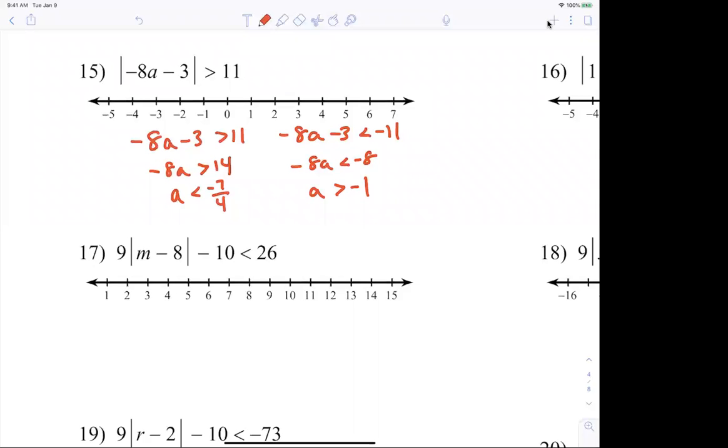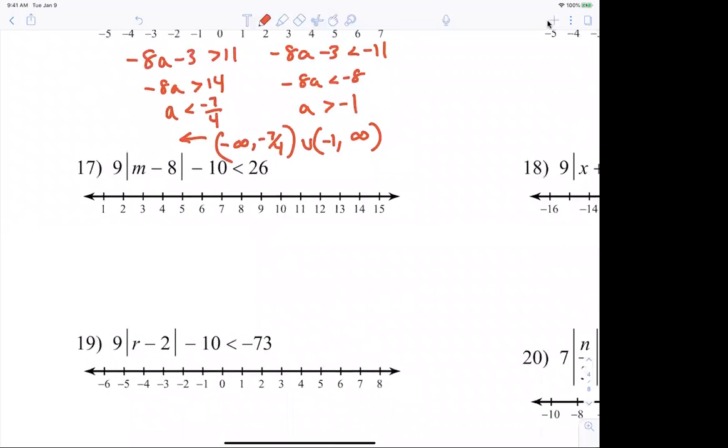Right? Now here you have to understand negative 7 fourths is going this direction. So you say from negative infinity to negative 7/4, union negative 1 to infinity. All right, anybody have any questions?